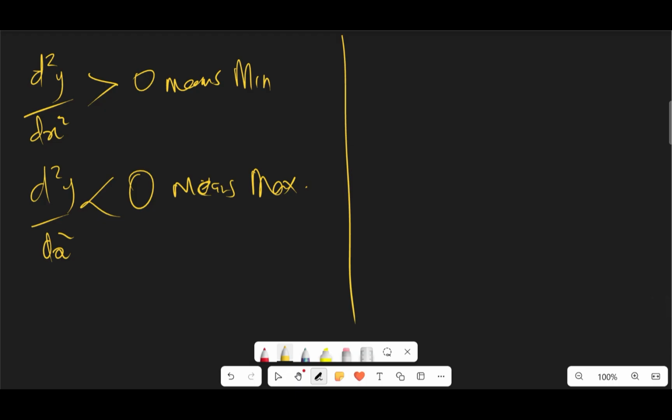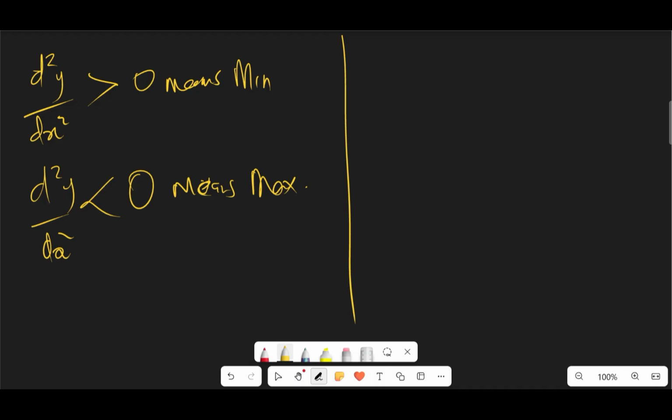Now I want us to look at a question where we are to find the turning point. And before we find the turning point, we have to first find the minimum point and the maximum point before we move ahead to get our turning point.